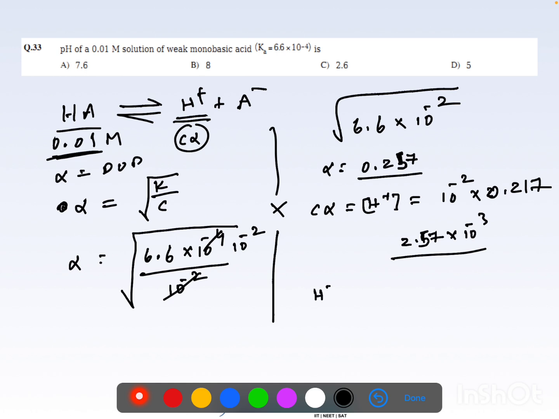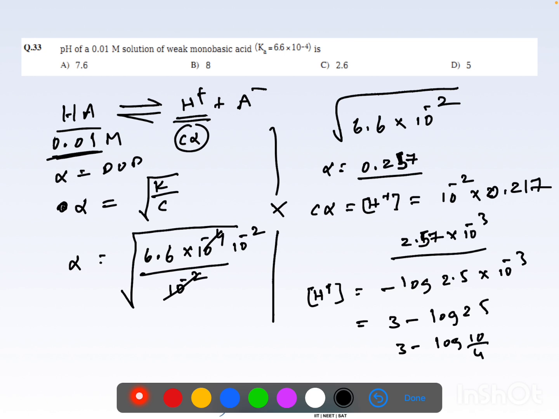So pH will be equal to minus log of 2.5 into 10 to the power minus 3. So this will be 3 minus log 2.5, that is 3 minus log of 10 by 4. Log base 10 of 10 is equal to 1, and log 4 is 0.6, so 3 minus 0.4, it will be 2.6. Answer will be C.